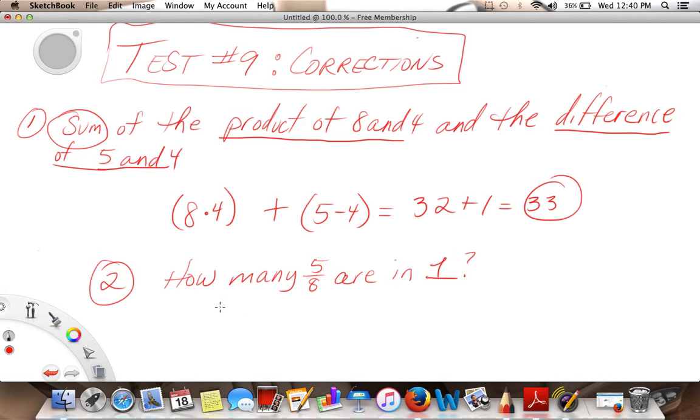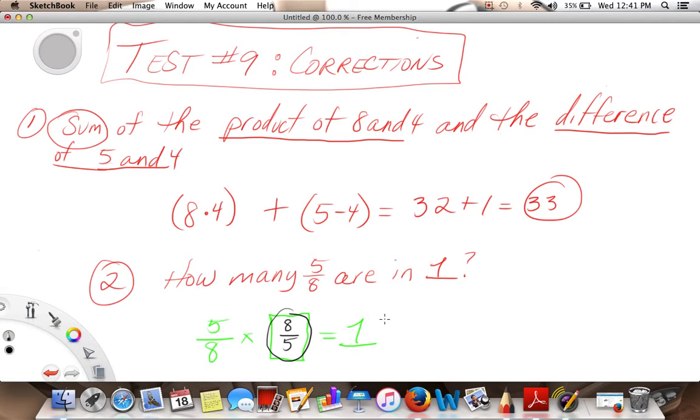So the simplest way to do this is when we look at 5/8, right? So we say 5/8 times something is going to equal 1. Well, we spoke previously about reciprocals. So actually, if I simply put the reciprocal of 5/8, that would give me 1.